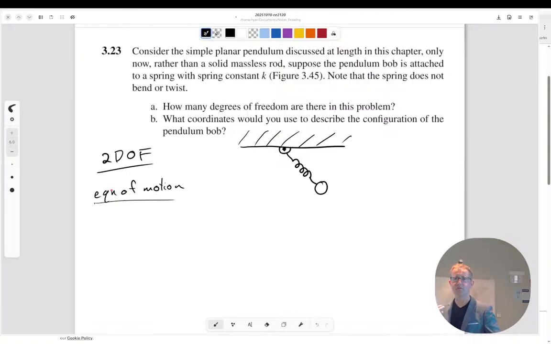Can you go from free body diagram and constraints to an equation of motion? Everything else is differential equations or linear algebra, but the core engineering part is, can you recognize 1, how many equations you need, and then 2, what they are? So, what do we think an equation of motion is?